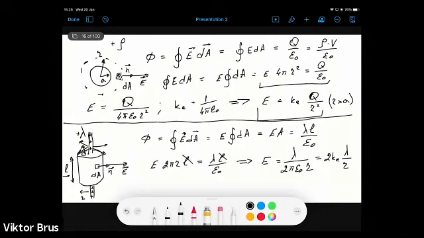So this is the equation which gives an option to calculate the electric field next to an infinitely long charged line, and we can get to this answer quite easily only because of applying Gauss's law and taking into account the symmetry of this particular case.